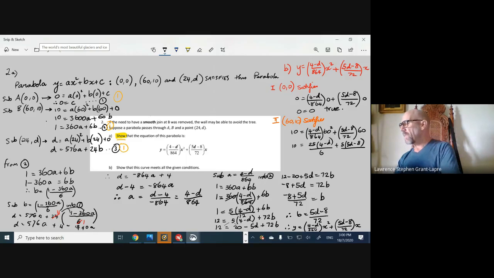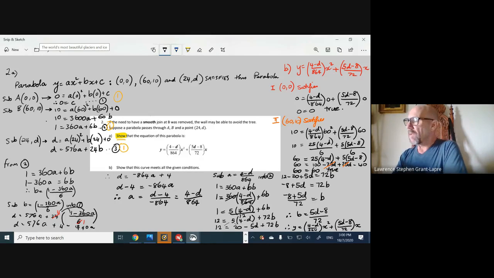Okay, so if I times everything by 6, I get 60 equals 25 times 4 minus D plus 5 times 5D minus 8. 60 equals 100 minus 25D plus 25D minus 40. Minus 25D plus 25D cancel, and 60 equals 60. True. All right, so the second criteria works.